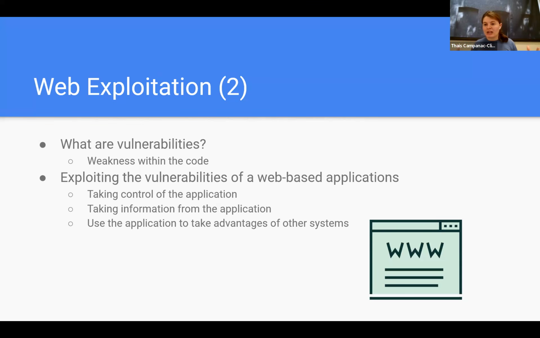Web exploitation is when we exploit these vulnerabilities or weaknesses within a website in order to accomplish usually one of three things: one, taking control of the application in general; two, taking information from the application, like login information, for instance; or three, using the application to take advantage of other systems on the internet.